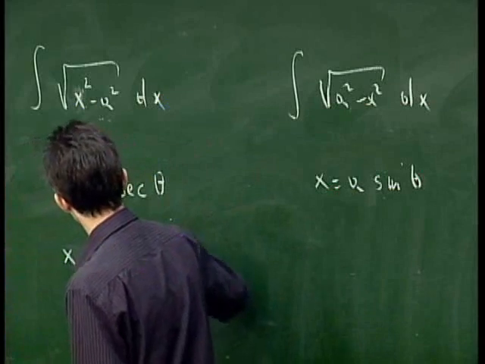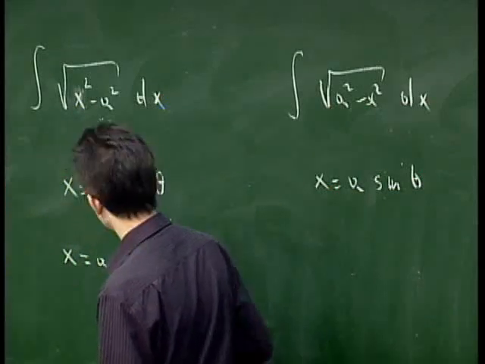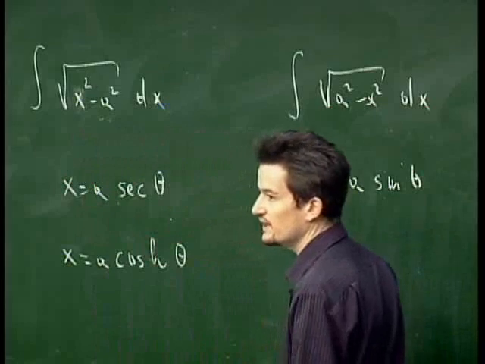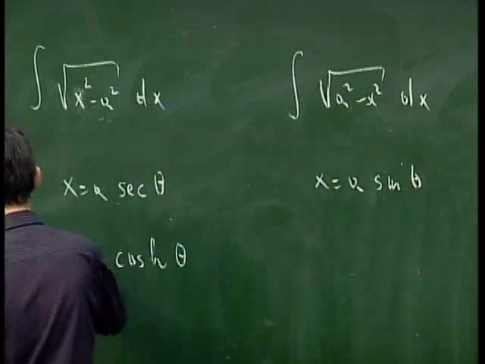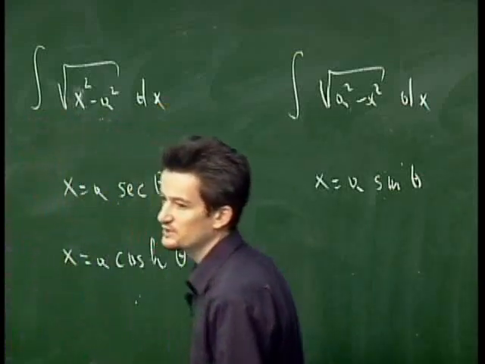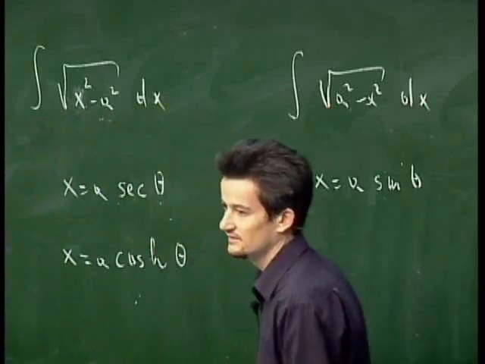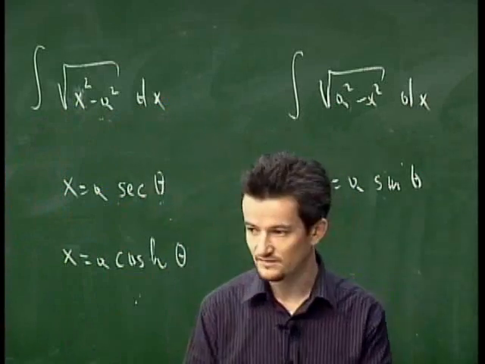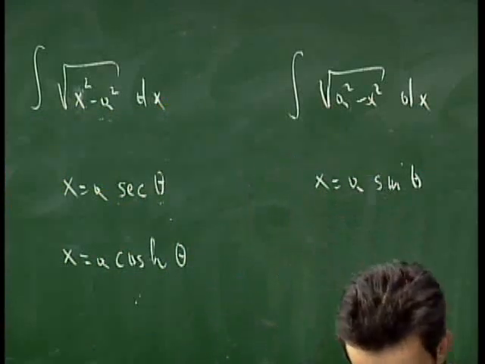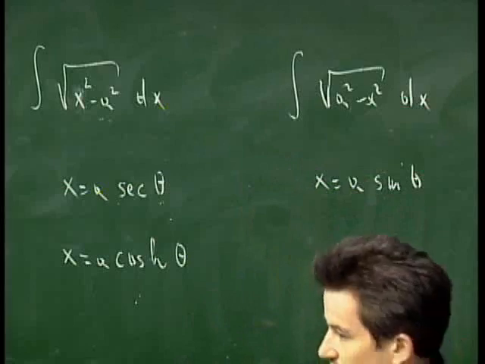You choose the hyperbolic cosine, because the hyperbolic cosine square minus 1 is the hyperbolic sine square. So actually this works as well, in many cases much easier than using this one, unless you like secant and handling more complicated expressions.